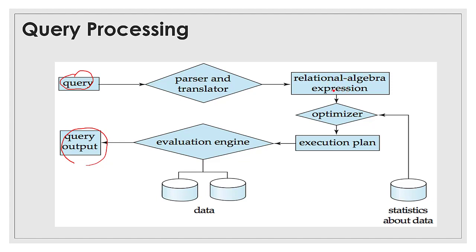All the execution plans will go to the optimizer. The optimizer will use the statistics about the data and select one of the execution plans. That execution plan which is most cost effective will go to the evaluation engine, and it will perform on the data to generate the output for the query. In this way, our DML query is processed.